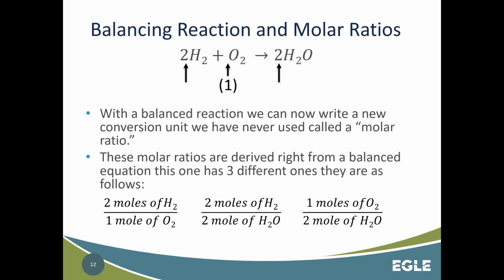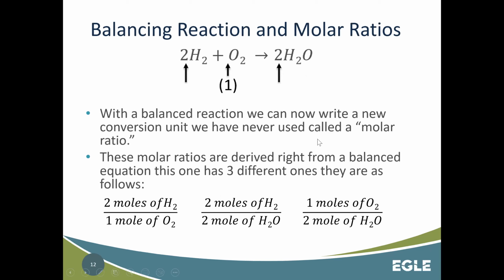So with a balanced chemical equation, each one of those things becomes a molar ratio. Those molar ratios are your bridge between the different atoms or different molecules, depending upon what you're dealing with, because these ones would be considered atoms, and this is considered a molecule because it's a compound. These are conversion factors.